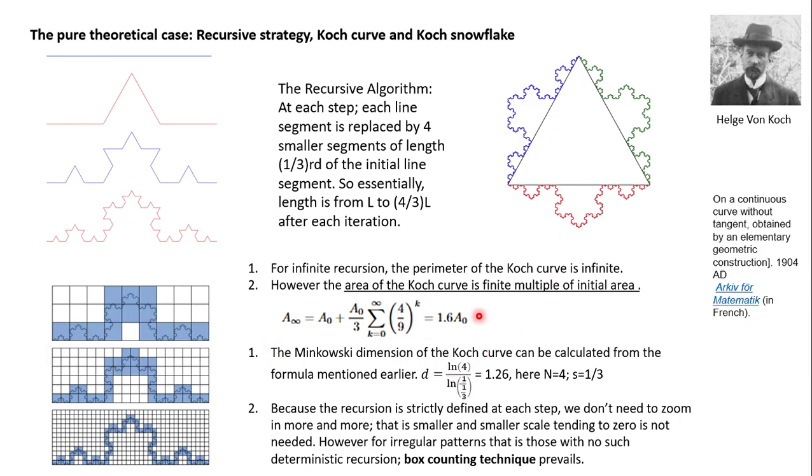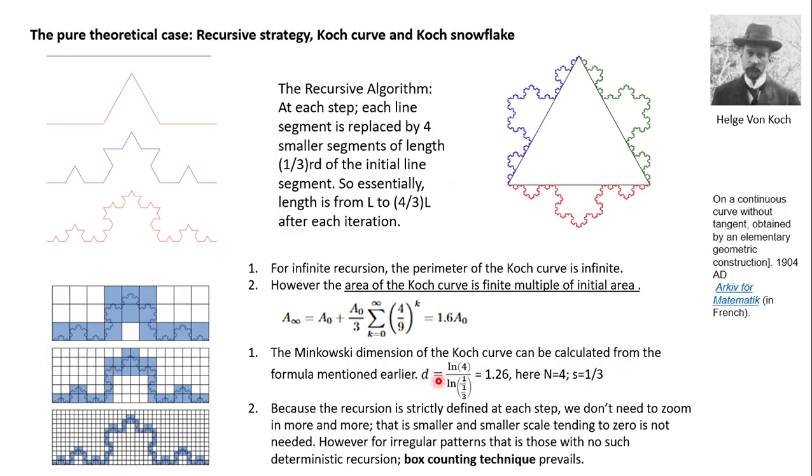This can be proved with some pretty simple algebra: the area of the Koch curve is 1.6 times the area of the triangle. Very interesting. So the perimeter is infinite, but it's a finite object in 2D. The area is finite. It exists.